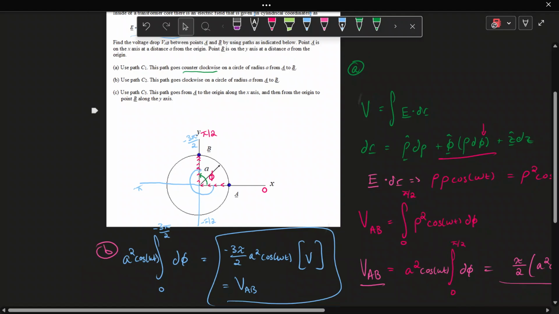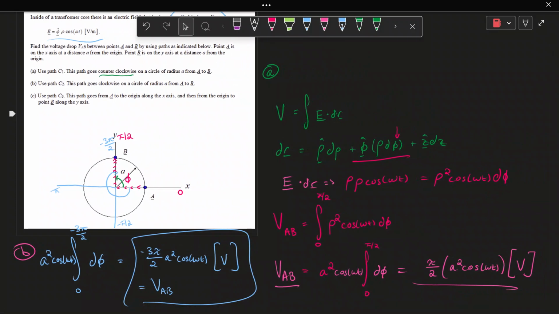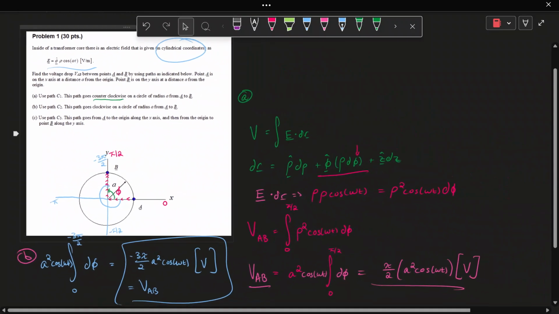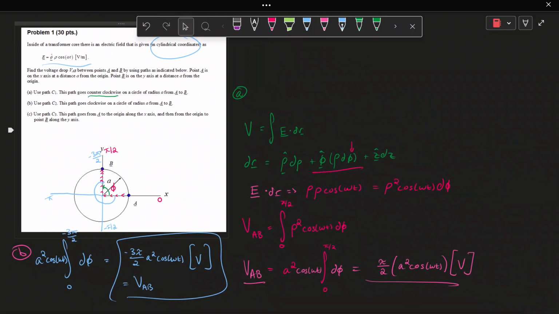Okay, so now this changes our dr, because now dr is not in cylindrical coordinates per se, but we're changing the path that we're taking. Actually, we can just say dr is now d rho, right?